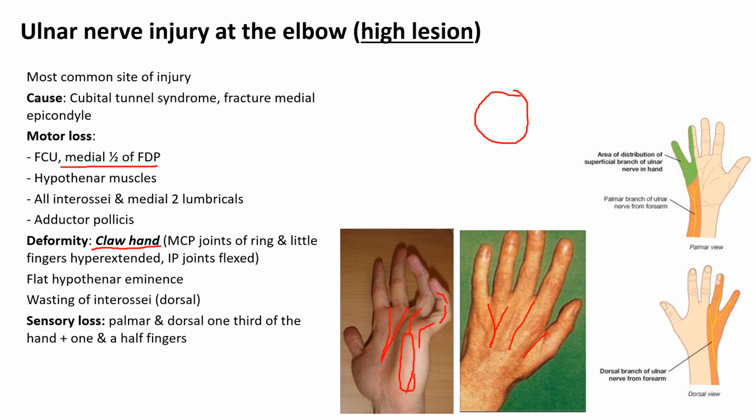Sensory loss is loss of sensation along the cutaneous innervation of the ulnar nerve, which is the palmar 1/3 of the palm of the hand and medial 1/3 of the dorsum of the hand, as well as medial 1.5 fingers, the little, and the medial half of the ring finger.